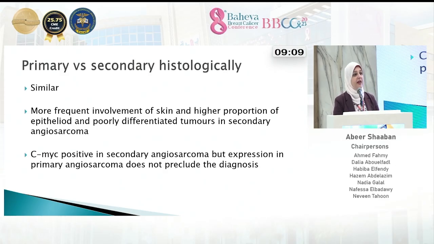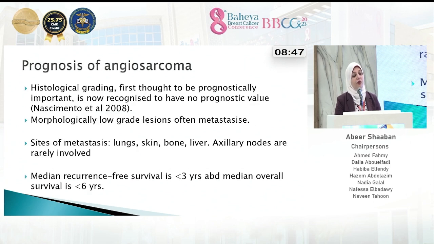No, they look the same. But they say in the book that primary angiosarcoma is usually deeper in the breast, while the secondary is superficial. And generally, c-Myc is expressed more in secondary angiosarcoma compared with the primary, although this is not exclusive. And we've seen examples of primary angiosarcoma also expressing c-Myc without any history of radiotherapy.